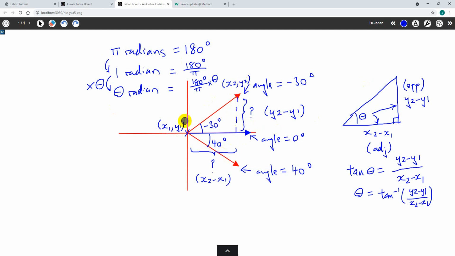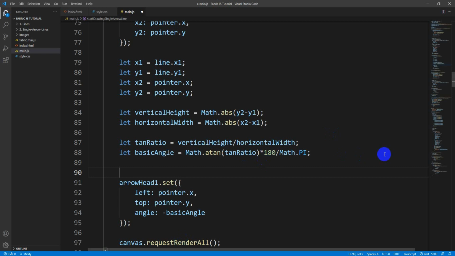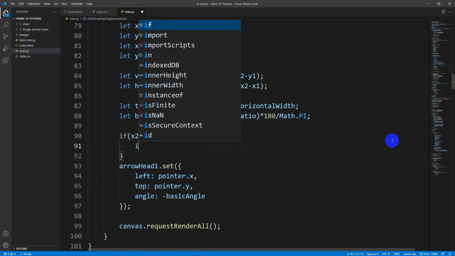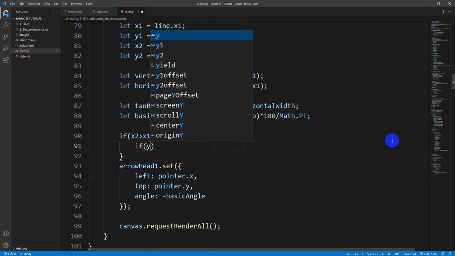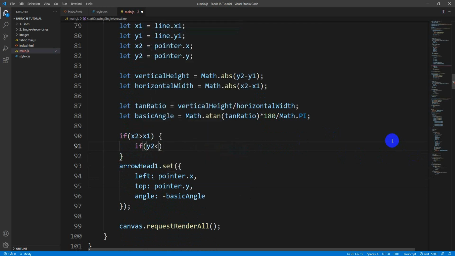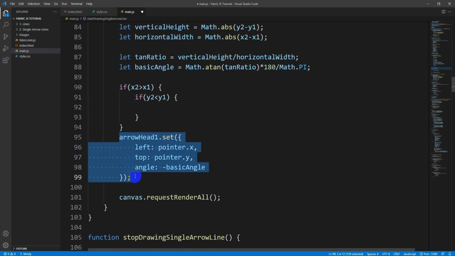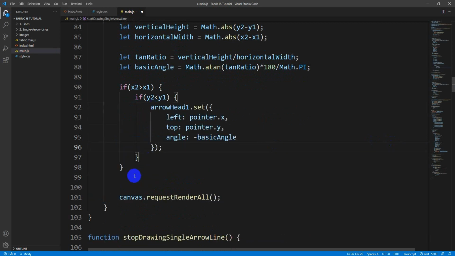So we give a condition: if x2 is bigger than x1, and if y2 is smaller than y1, the arrowhead would have this angle over here.